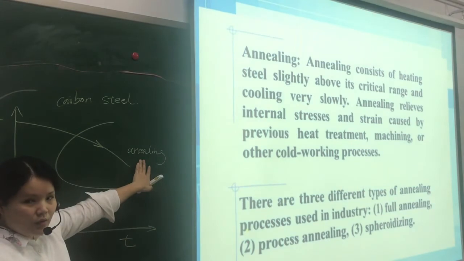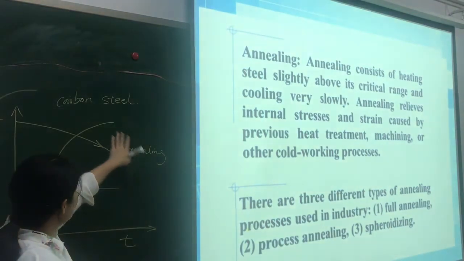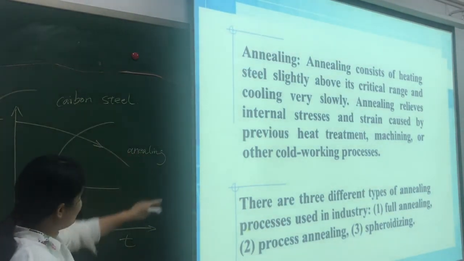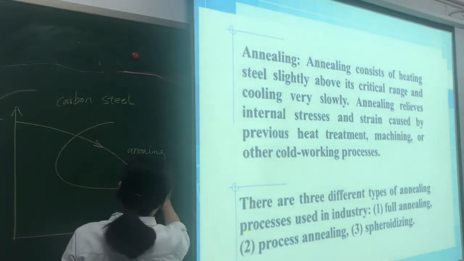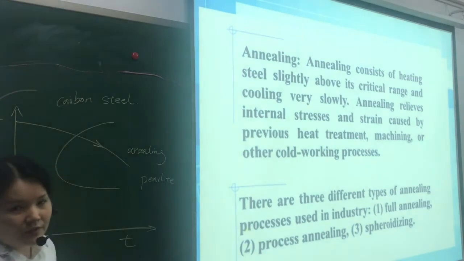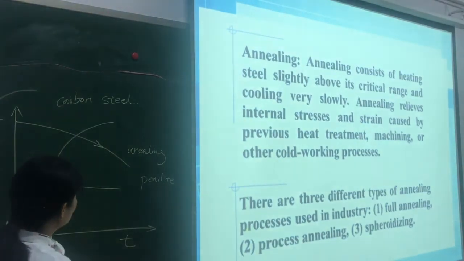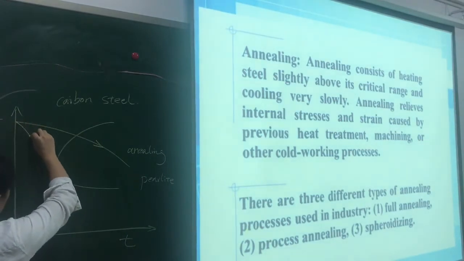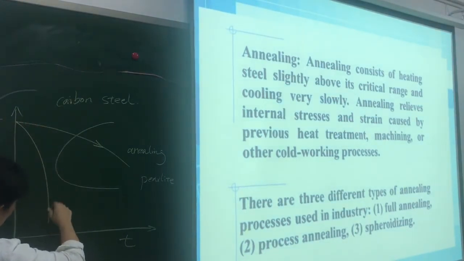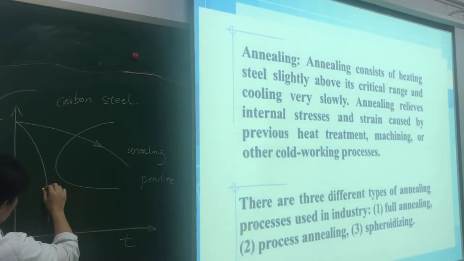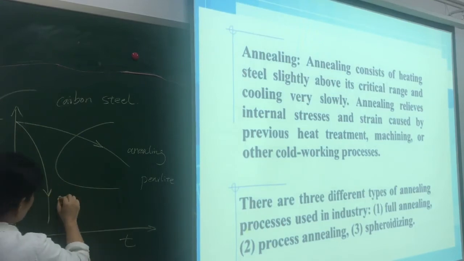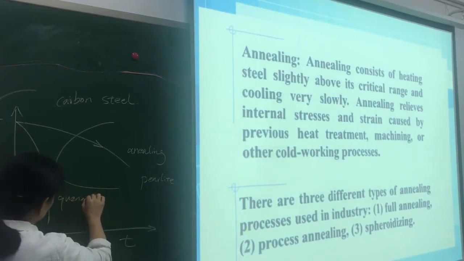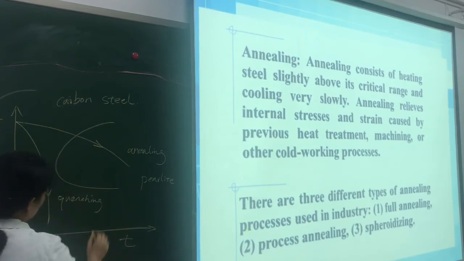And the microstructure of the carbon steel after annealing is perlite. If we cool it very fast, we call it quenching.